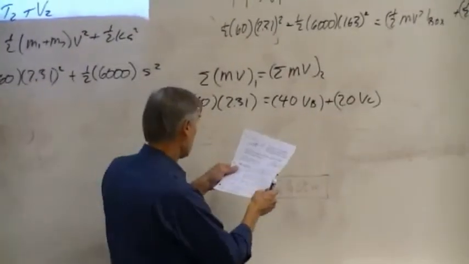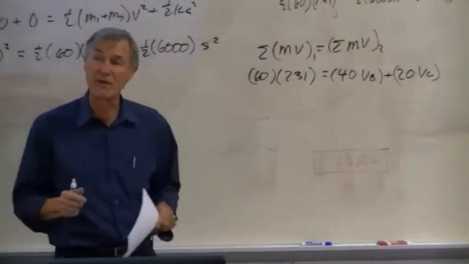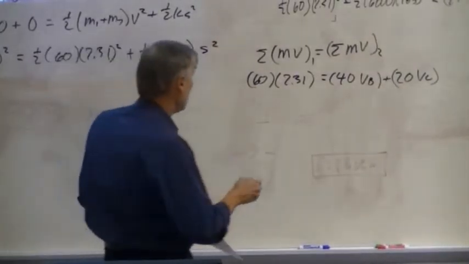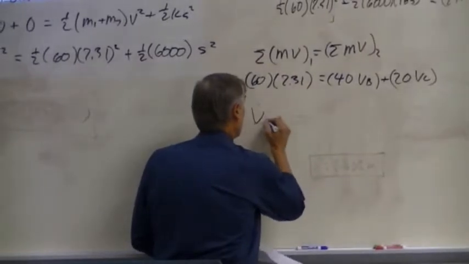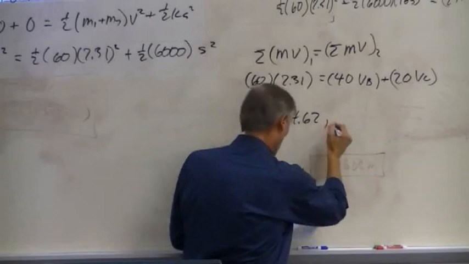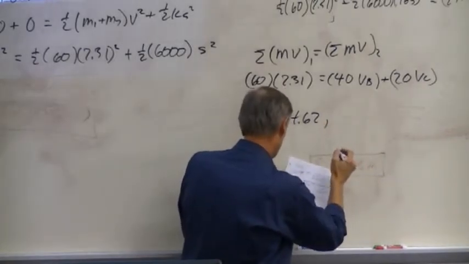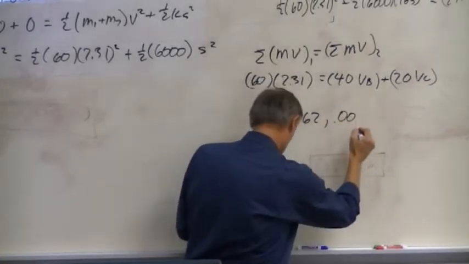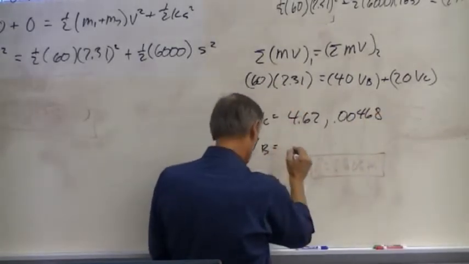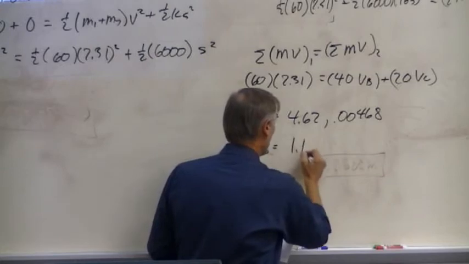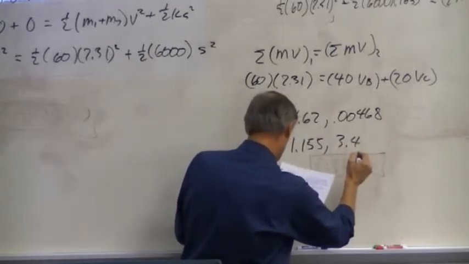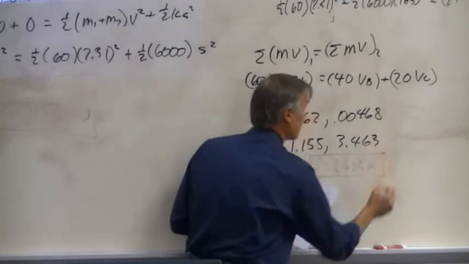these 2 values. Actually, so here, let me write all 4 values, and I want you to determine which values are correct. So the velocity of the cart is equal to 4.62 or 0.00468, and the velocity of the box is equal to 1.155 or 3.4623.